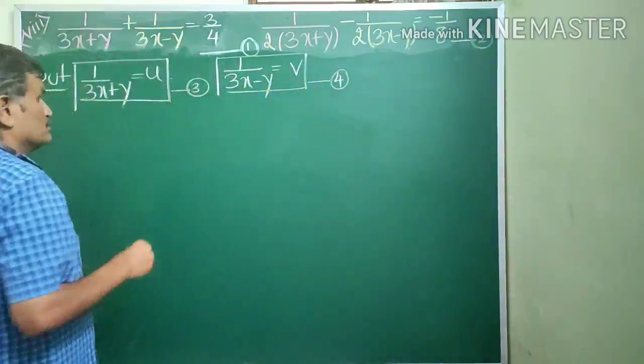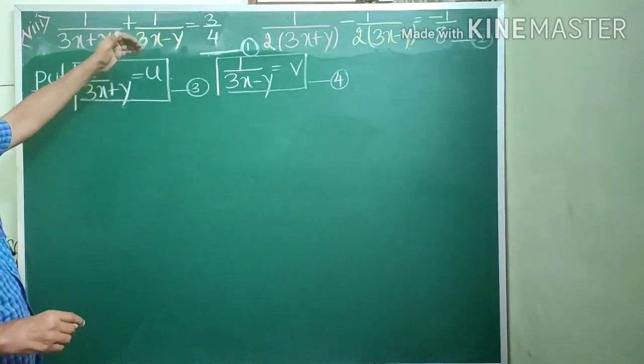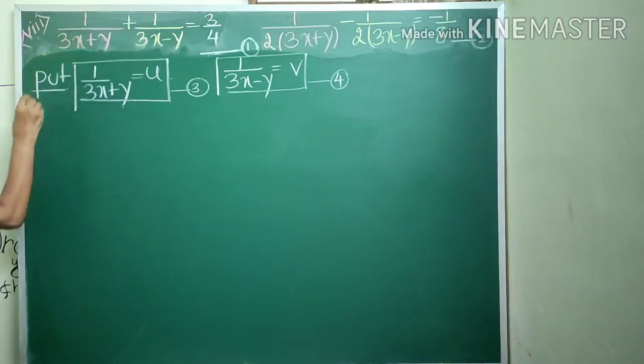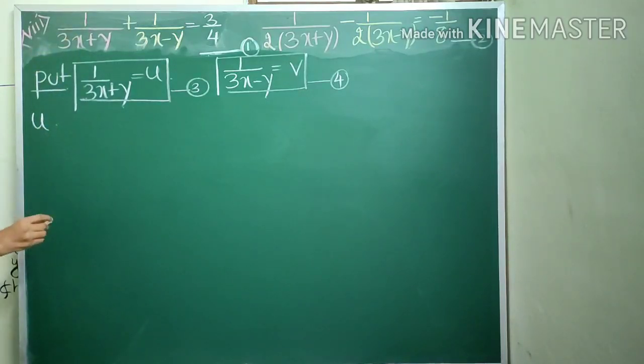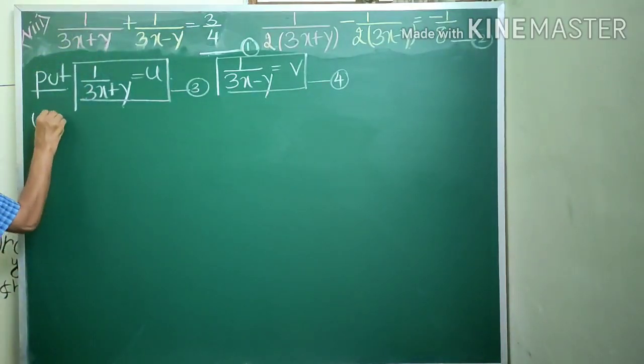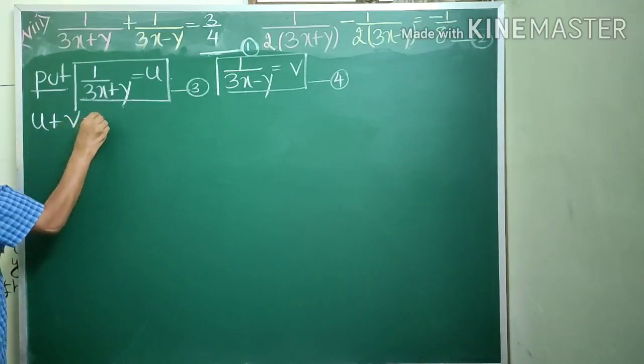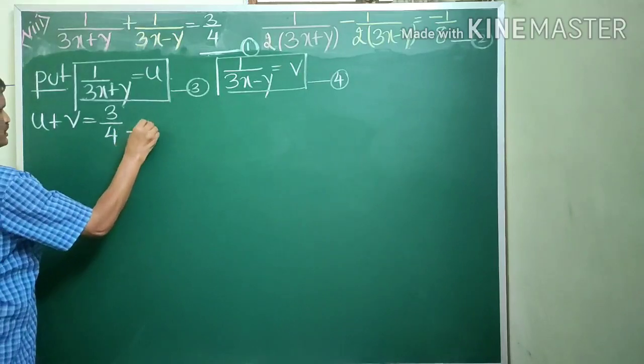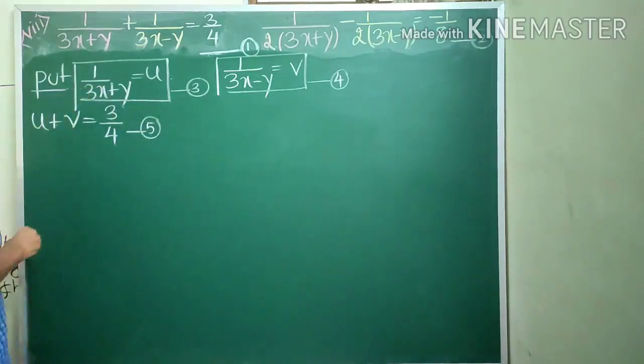Now putting the third and fourth equations in the first and second equations, let us see what we get. We will get 1 by 3x plus y as u, plus this as v, is equal to 3 by 4, and I will call it equation number 5.